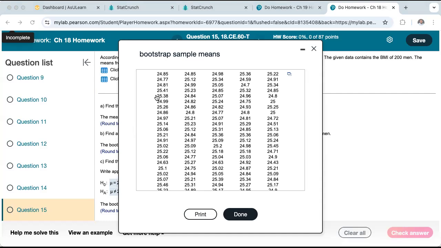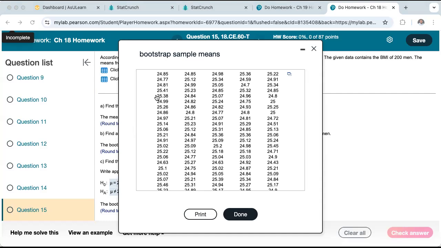Is that okay? So what I'm asking you to do now is step one: take the hypothesized value, 24.9 minus this, and then 24.9 plus 0.18.